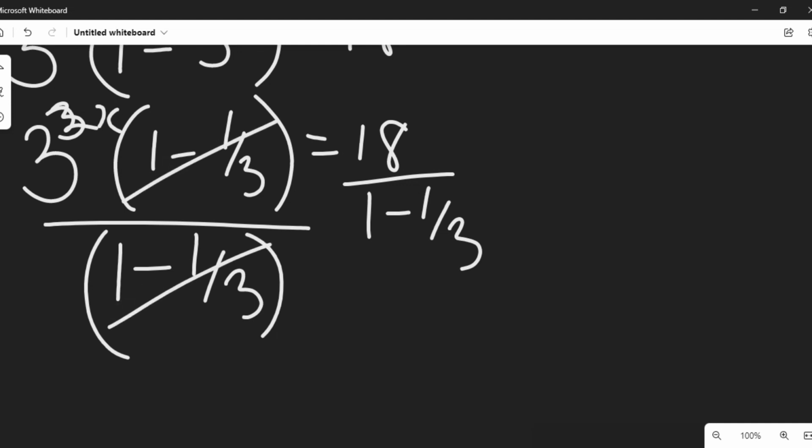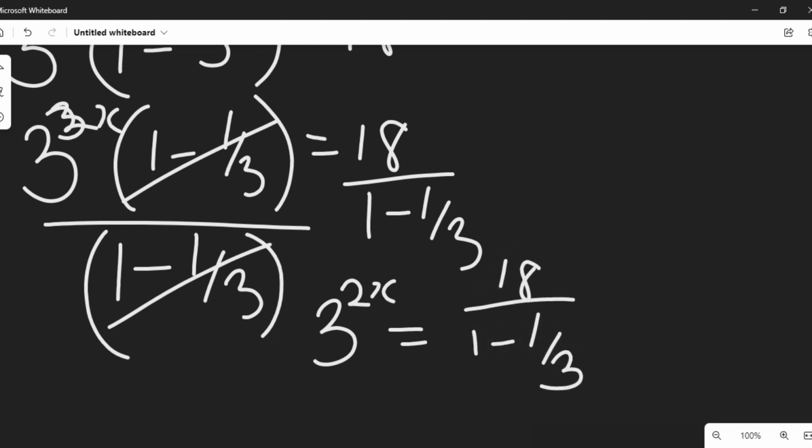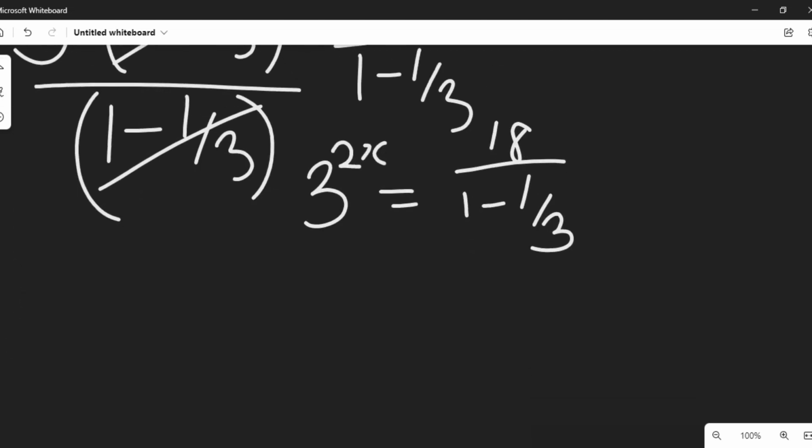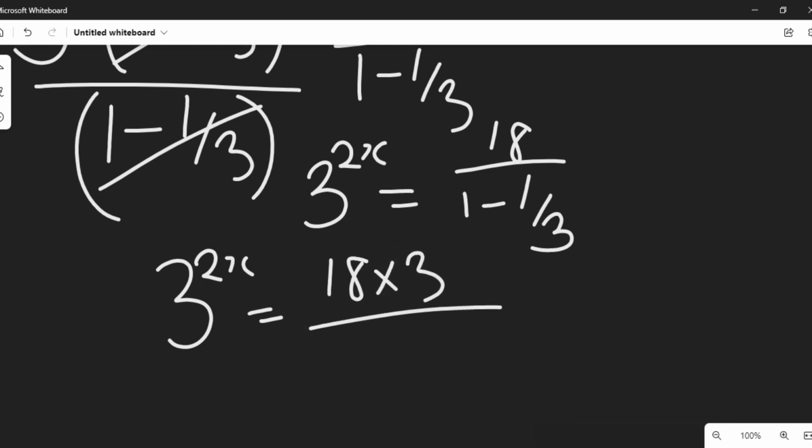This will clear this, and then we'll have 3 raised to power 2x equal to 18 over 1 minus 1 over 3. So we'll multiply the numerator and the denominator of this value by 3. We'll have 18 times 3, and then 1 minus 1 over 3 multiplied by 3.